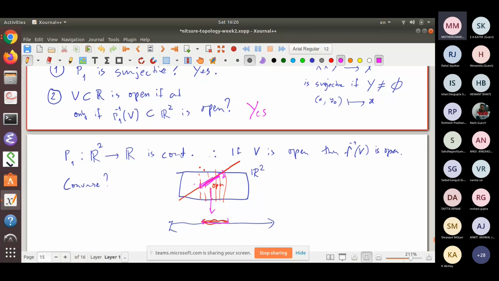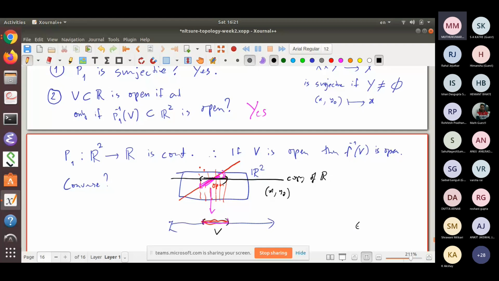In this particular case, because it's also non-empty, you can make one more argument. This line is a copy of R, right? It is of the form (x, y0). So its intersection with this line is open because this set is open. And this intersection is a copy of the original V, right?